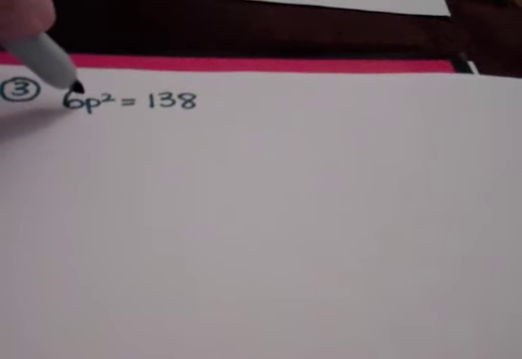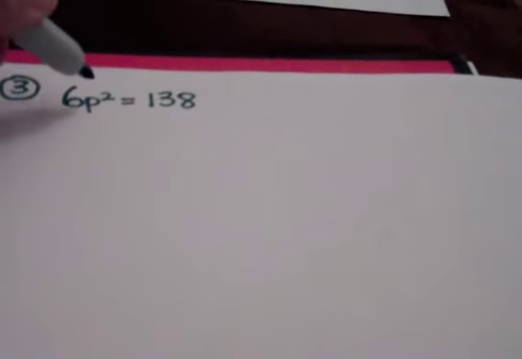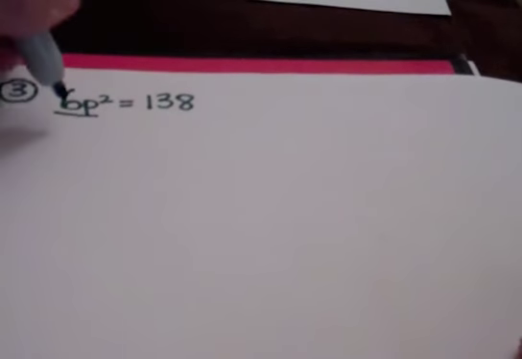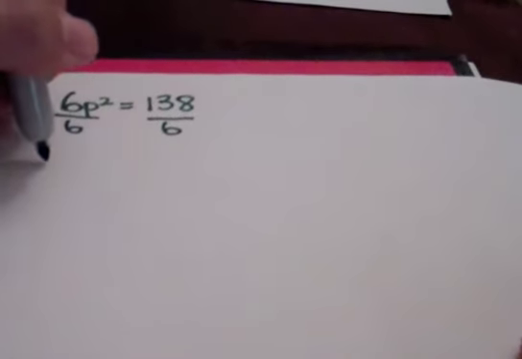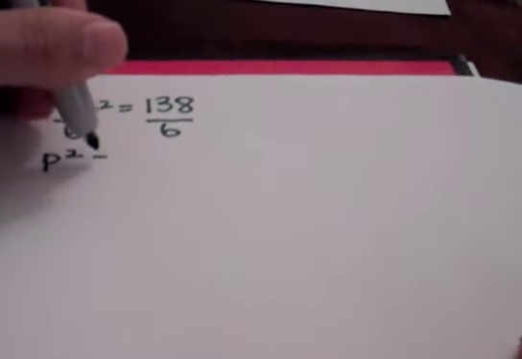This one says that 6 times p squared equals 138. So start the same way by trying to isolate the p squared. Since we're doing multiplication to it, to get rid of it, we'll divide. So divide this side by 6 and divide this side by 6. Over here you'll just get p squared.